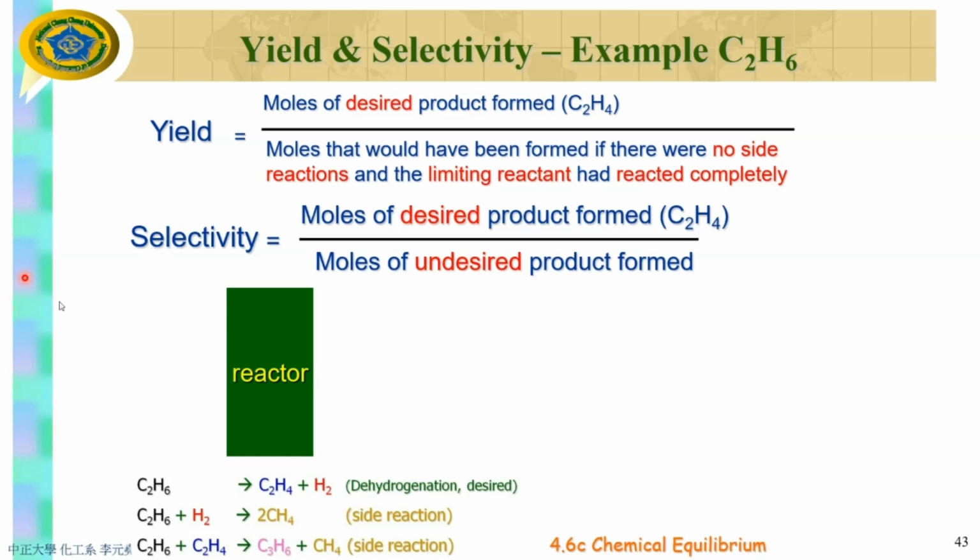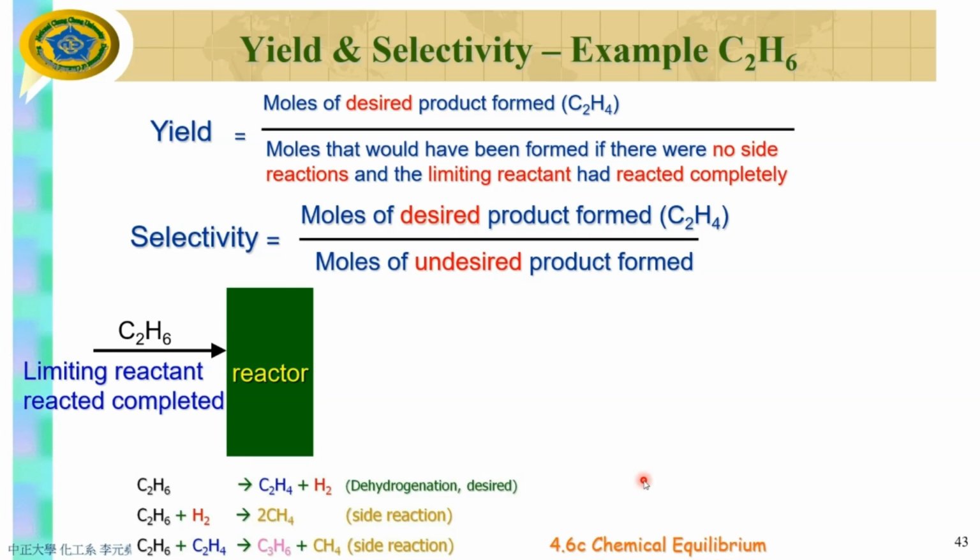This is a reactor, you have 1 input, which is C2H6. Assume C2H6 is reacted completely. You only have 1 reactant, and obviously this is the limiting reactant.